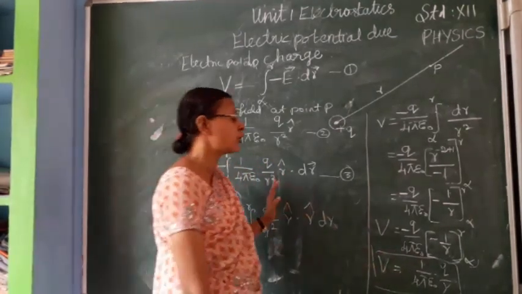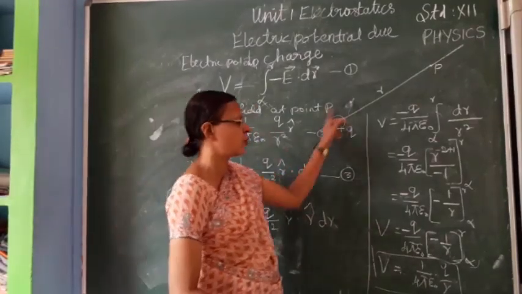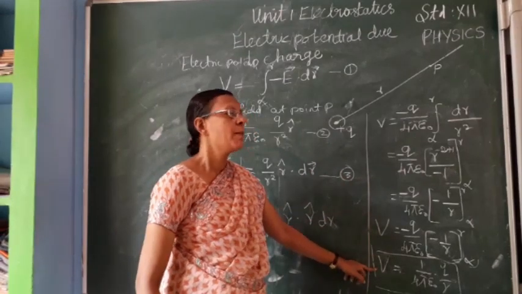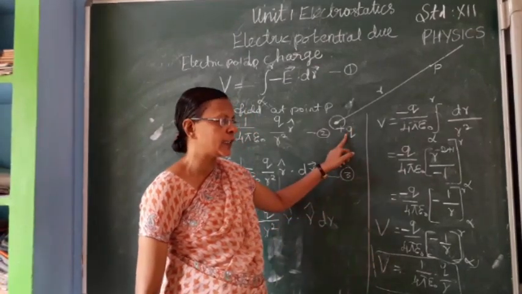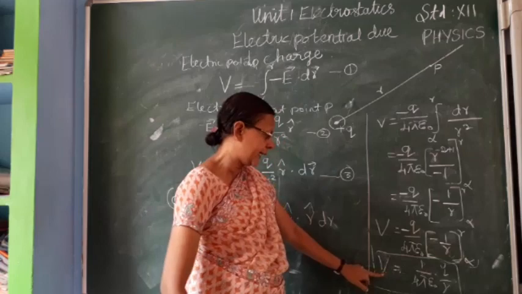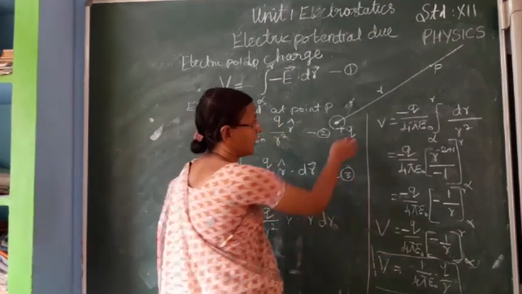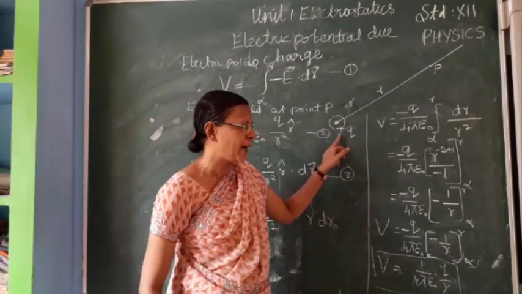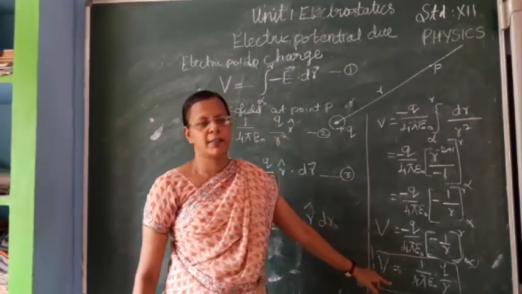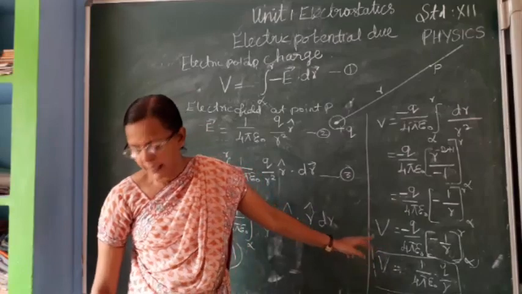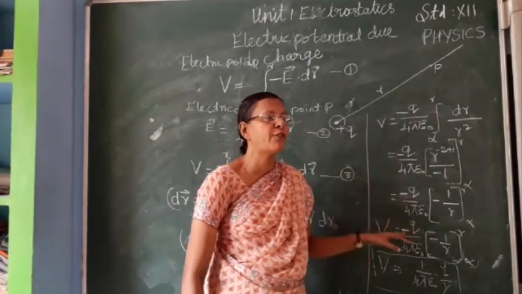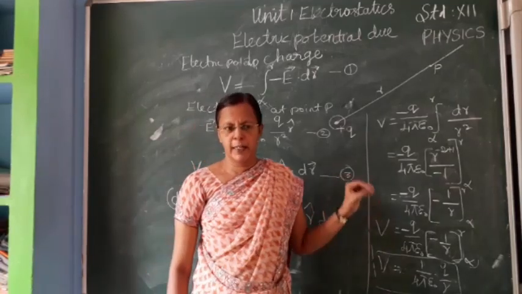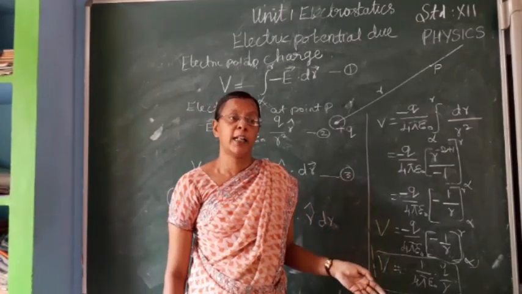Okay, here some important points are there. This is the source charge. If the source charge is positive, electric potential is also positive. If the source charge is negative, the potential is also negative; here minus will come. Here the source charge is positive, so the answer is also positive. The second point: the description of motion of objects we want to learn in terms of electric potential only.